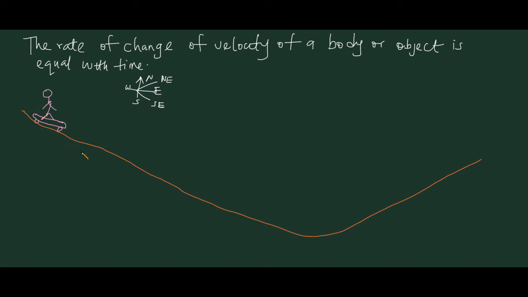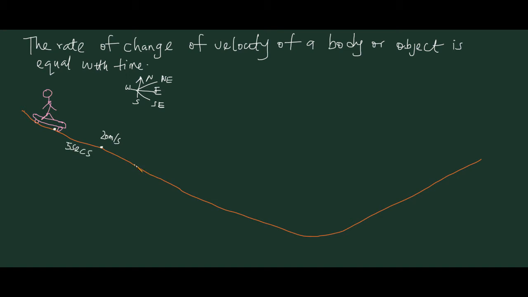So if he moves from the initial position where he is and slides down to this point, the change in his velocity from zero, because this is the starting point, to this point, his velocity has increased to 20 meters per second, and the time he used was 5 seconds.